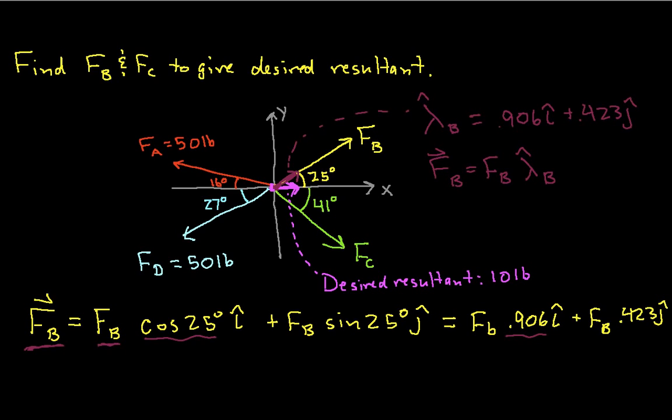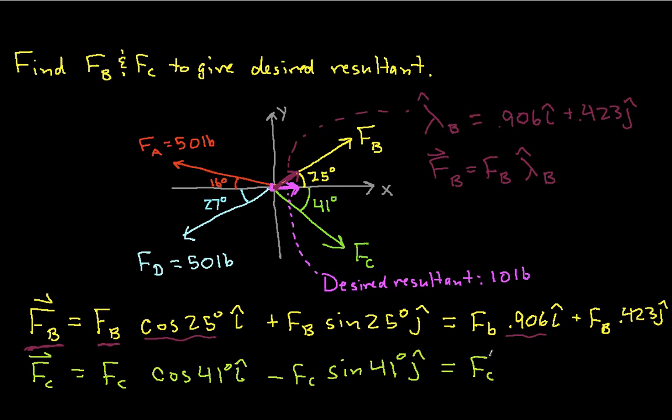Okay, so FC, we can write this quickly as FC cosine 41 degrees minus FC sine 41 degrees, and this gives us FC times 0.839 i hat minus FC 0.545 j hat.